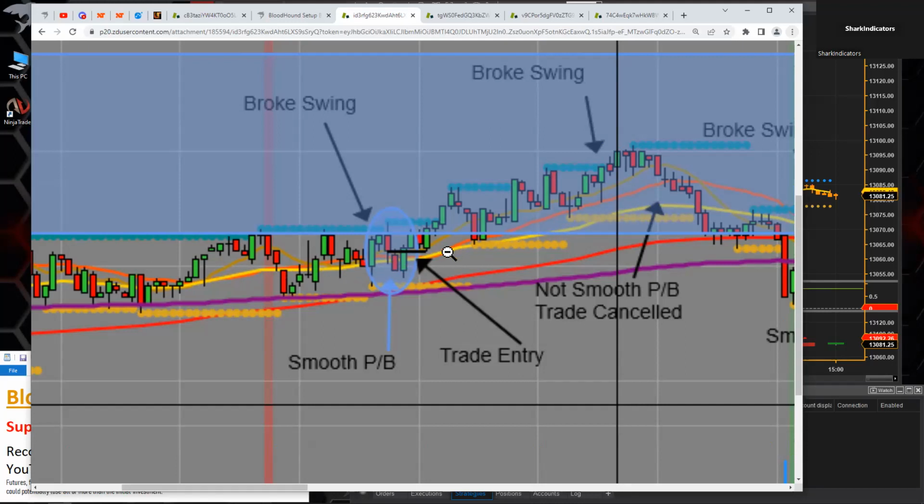So you see that gold line? And our price has to pull back to that gold line. And when price pulls back and touches that gold line, that then initiates the trade setup. So that's the trade trigger.